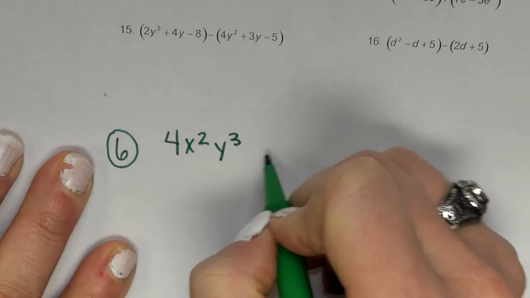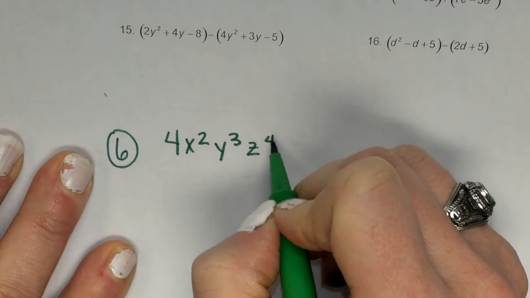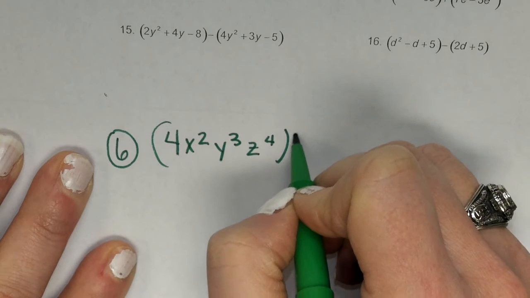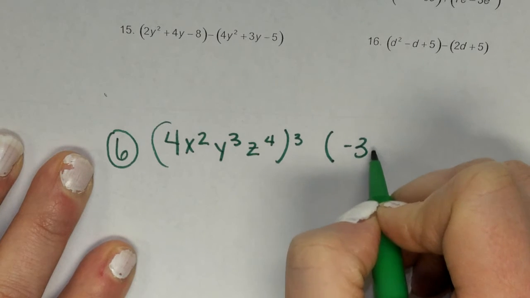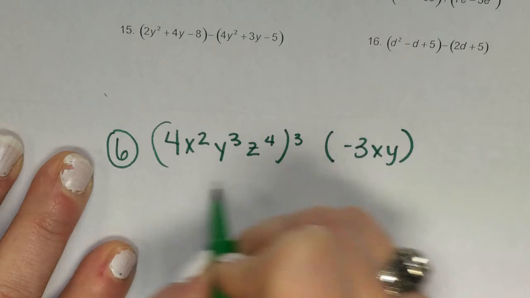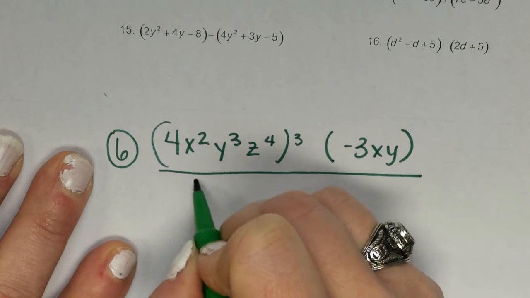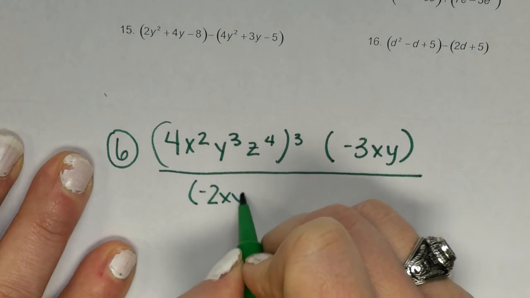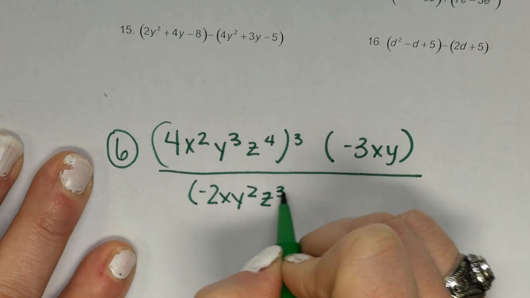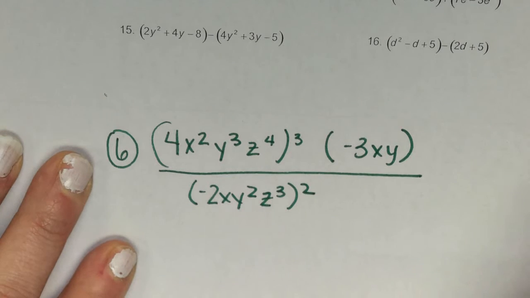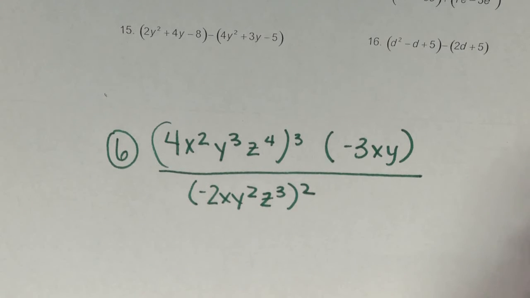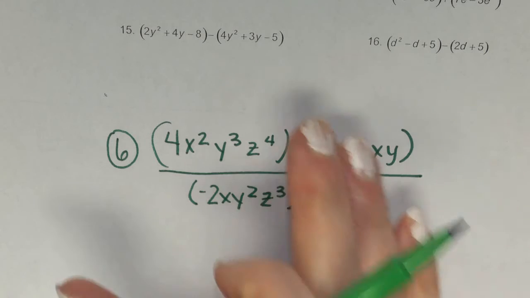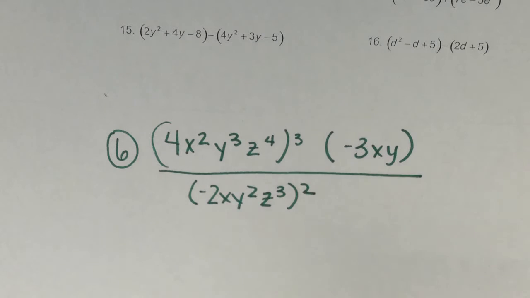I'm just rewriting the problem to give ourselves some more room. Okay. Alright, so this one looks tricky. We're just going to break it down part by part, and it'll be fine.